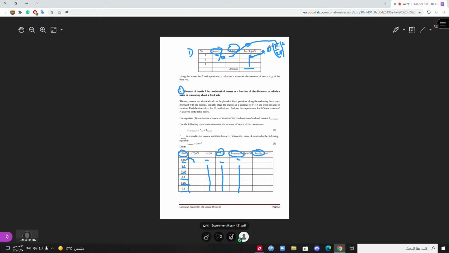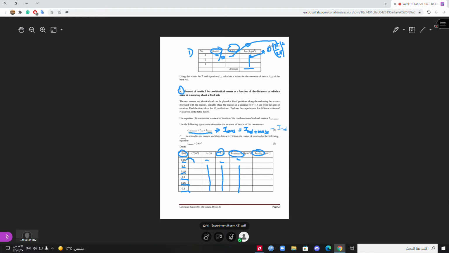How to get this I masses only? Look here. I rod plus mass is equal to I rod plus I mass. From this, I mass is I rod plus mass minus I rod.